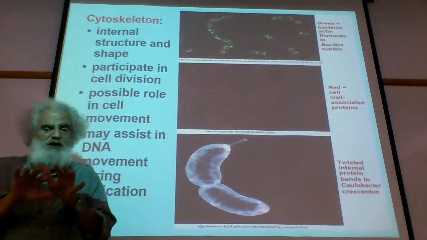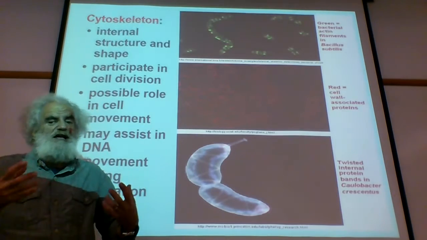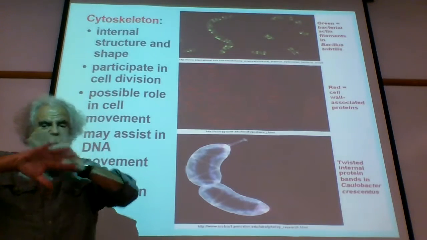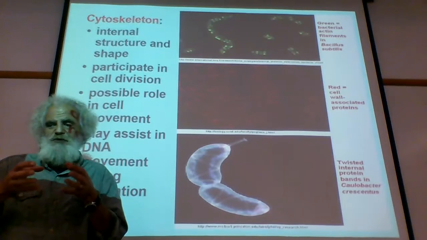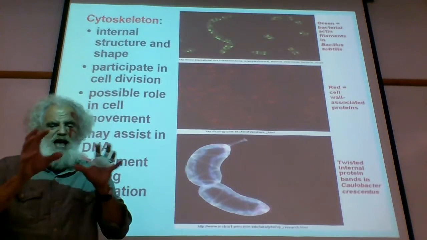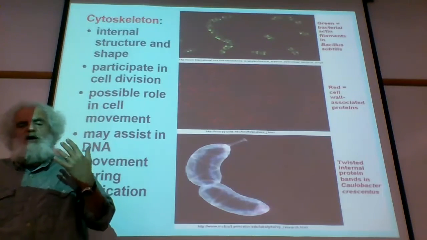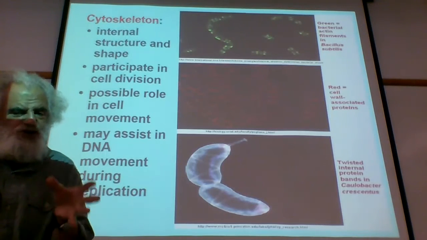And it allows cells to push on one side versus the other, to actually engage in amoeboid movement. And it's also this cytoskeleton that sort of supports the cytoplasm and allows things to actually have position and not just be floating around randomly.